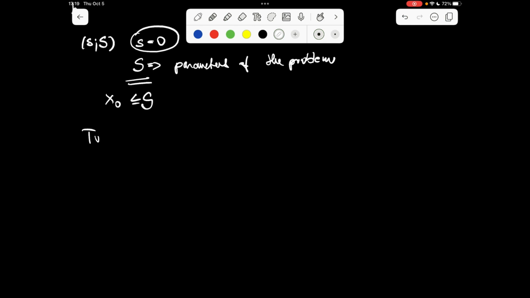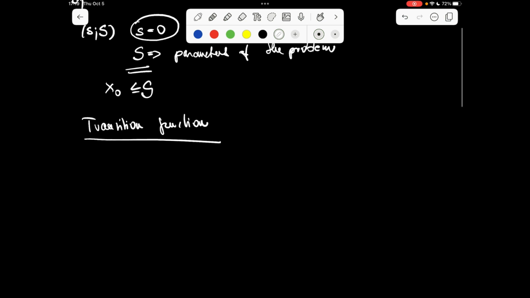Okay, we need to describe the transition function P. It is not too difficult. The chance of going from i to i minus 1 is theta if i is greater than or equal to 1.